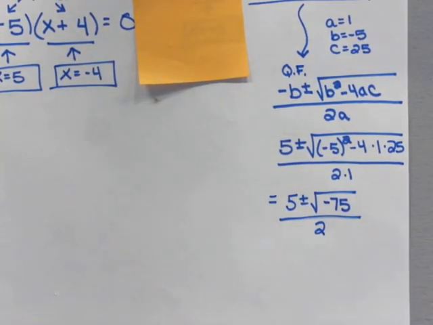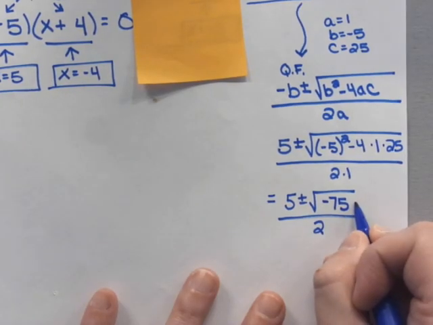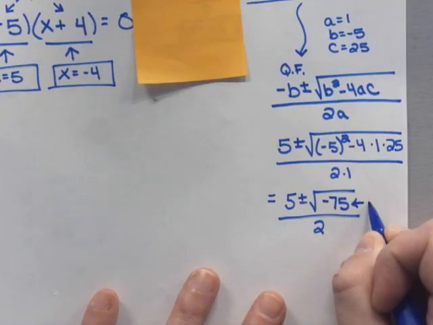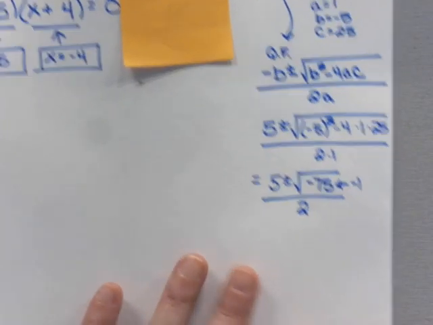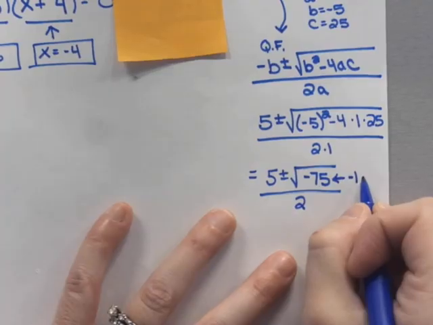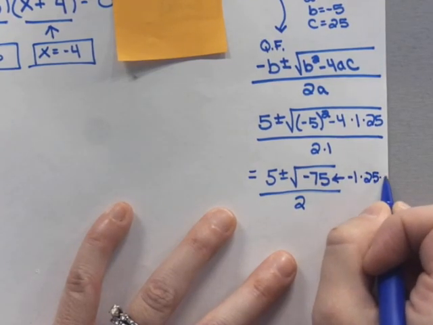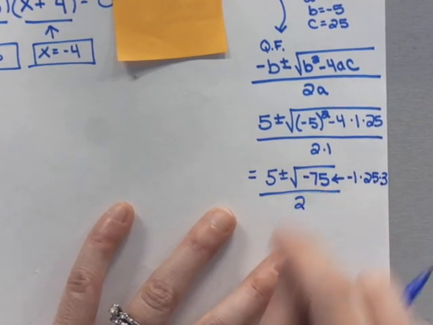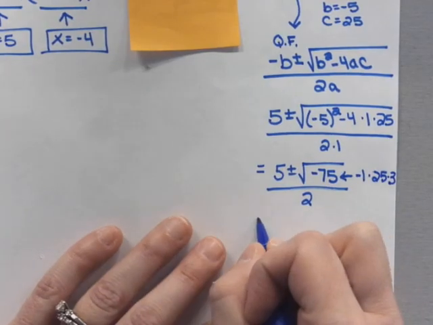Okay. I can't take the square root of -75, but I can break it apart. -1 is something I need to break apart. Which one of my perfect squares divides into it? 25. And then I know 25 times 3 is needed to get back the 75.